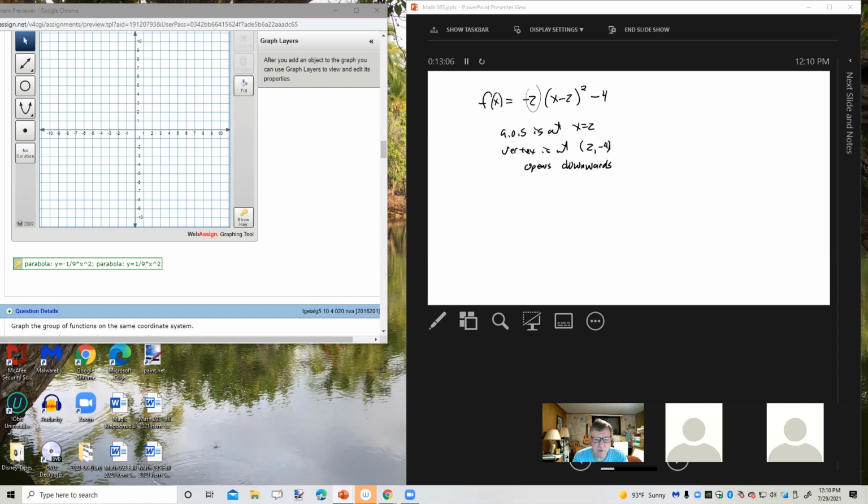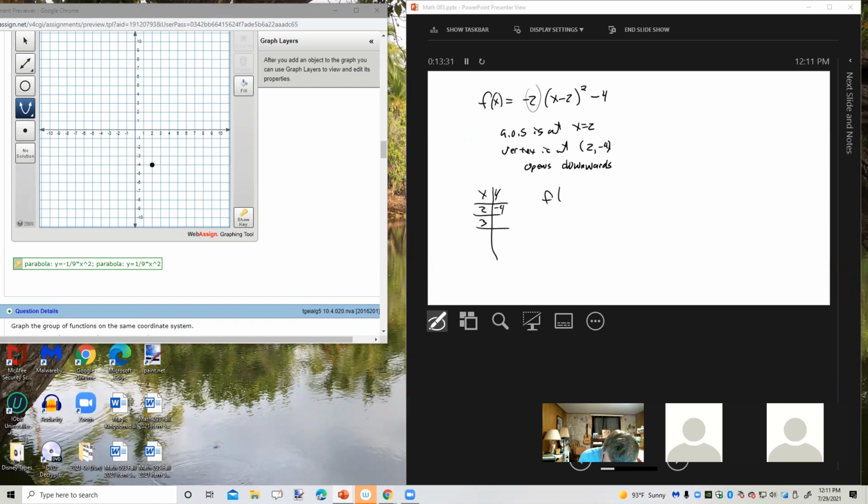Now, graphing it. So I'm going to come over here and get this to be blue. I'm going to go to 2, -4. Okay. I'm going to come back over here and, if I touch this thing, it moves. Let's see. 2, -4. How about 3? Let's put in 3.